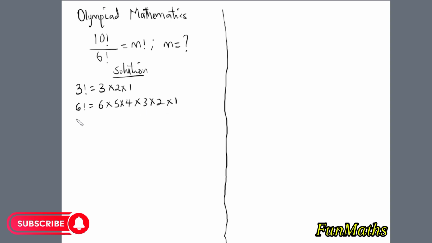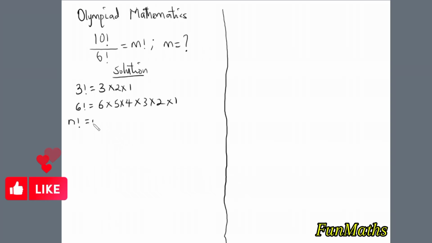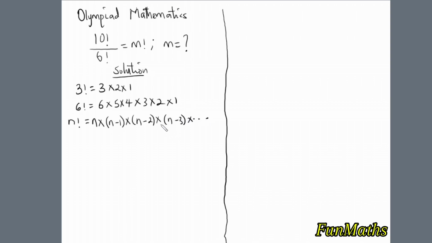Generally, n factorial for any number n is n times n minus 1 times n minus 2 times n minus 3, and then you keep multiplying till you get to the last number. So that is what factorial means.